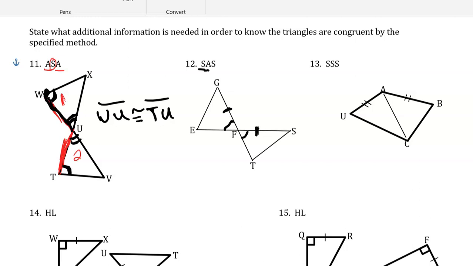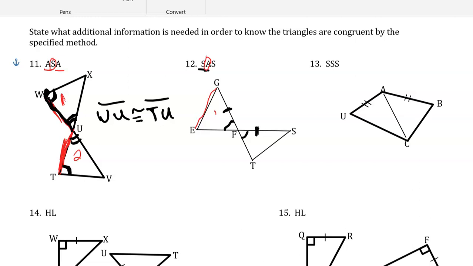So what has to happen now is this angle has to lie in between two congruent sides. So if we look at triangle number 1, here's a side, but that side here wouldn't be directly next to the angle that we are trying to find.